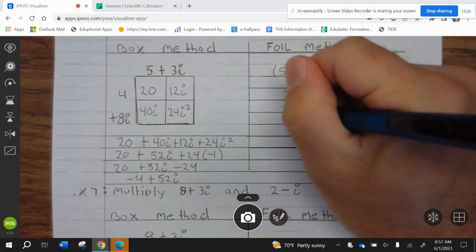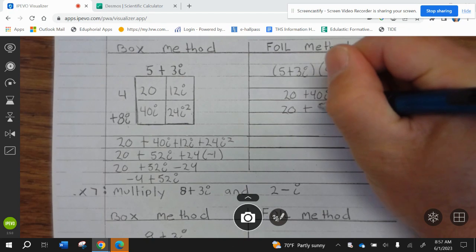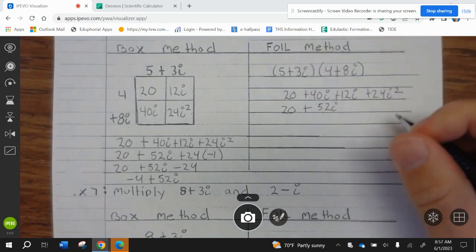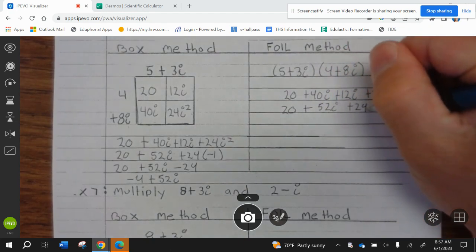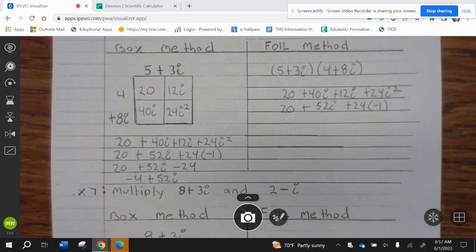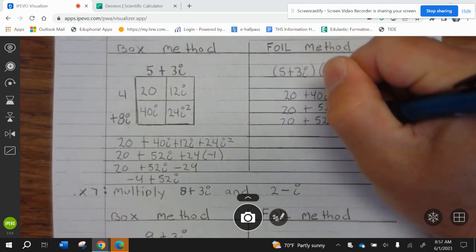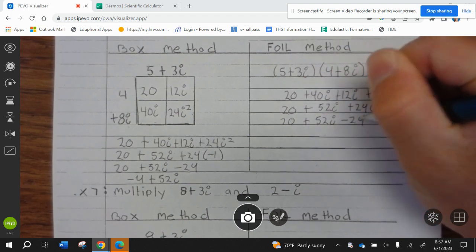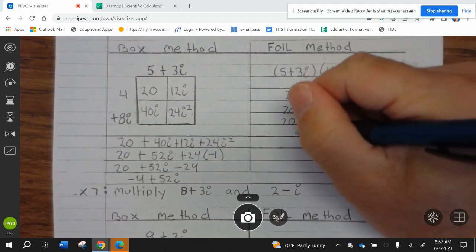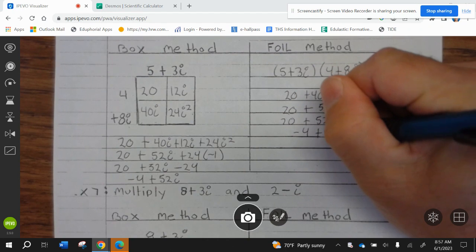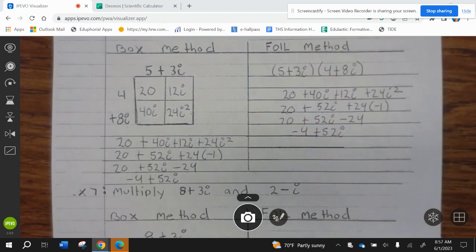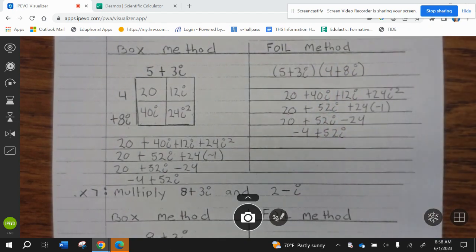So that's 20 plus 52i plus 24 times negative 1. So it's 20 plus 52i minus 24. So that's negative 4 plus 52i. All right, go ahead and finish up example 6.